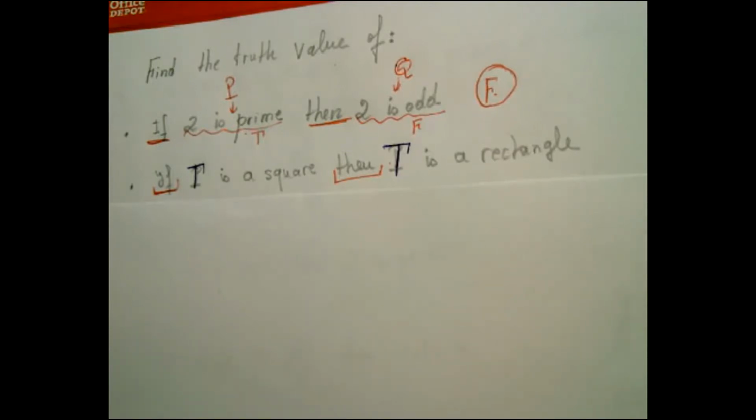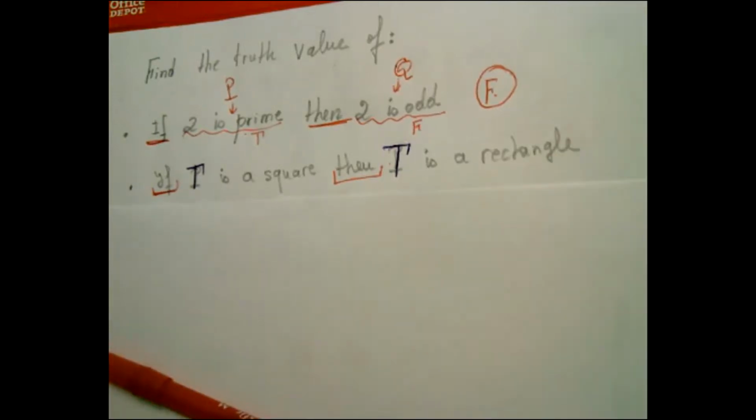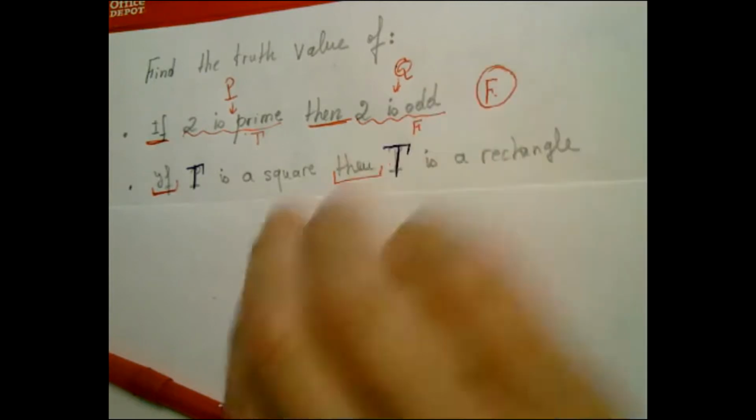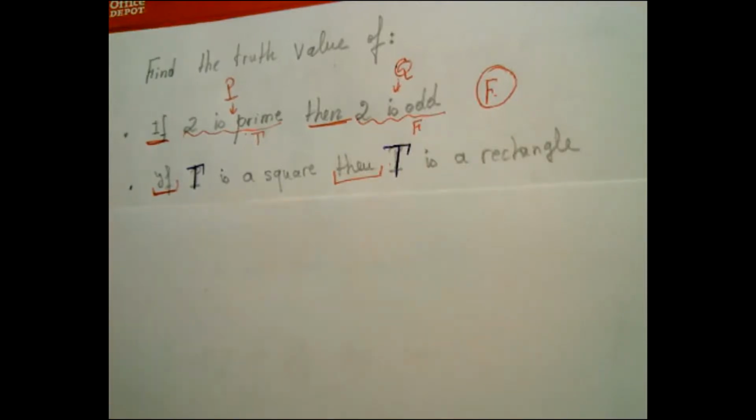I don't see anything on chat. Nobody is unmuting, so let's see. I pick up Nicholas. Nicholas Solek, what do you think? It would be a true statement because your premise and conclusion are true.